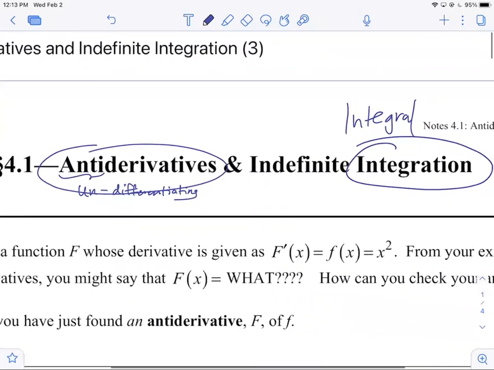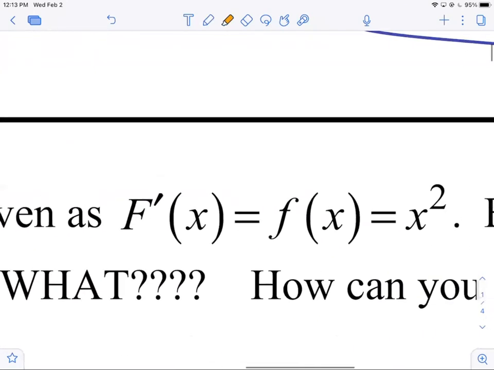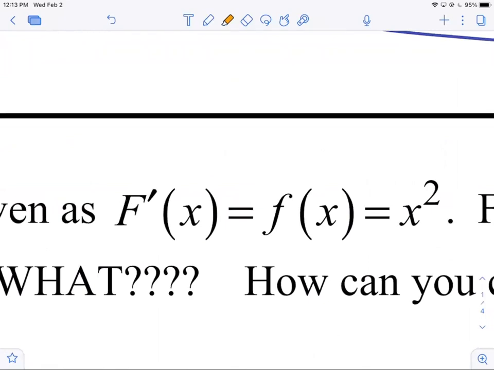So let's say that we have this function capital F, big F, whose derivative is defined as such. The derivative, big F prime, is now little f, and it equals x squared.